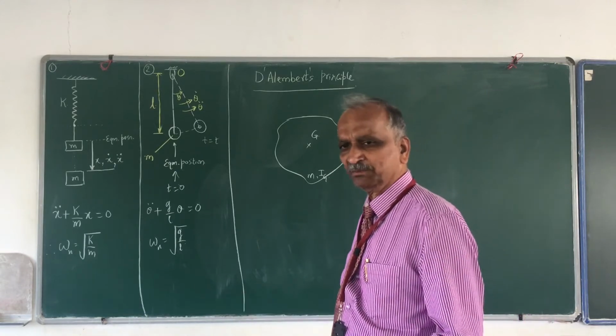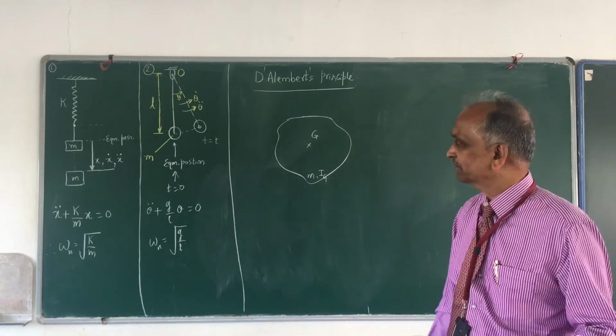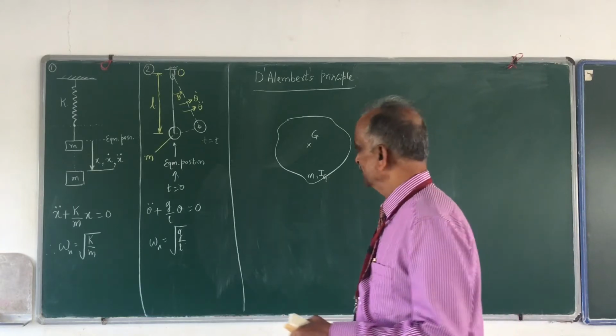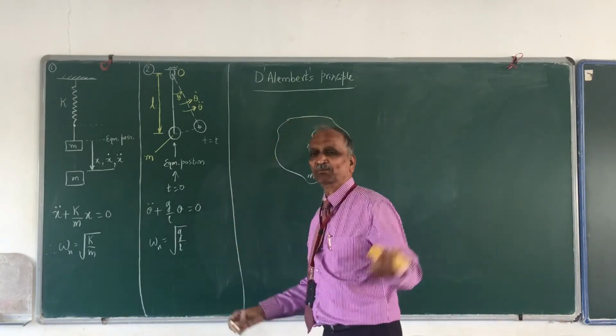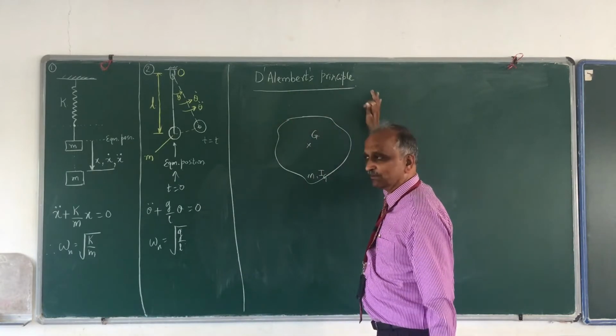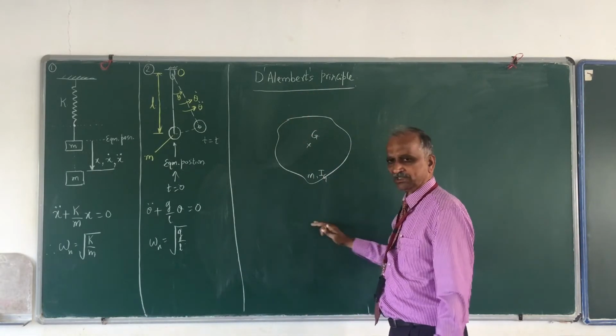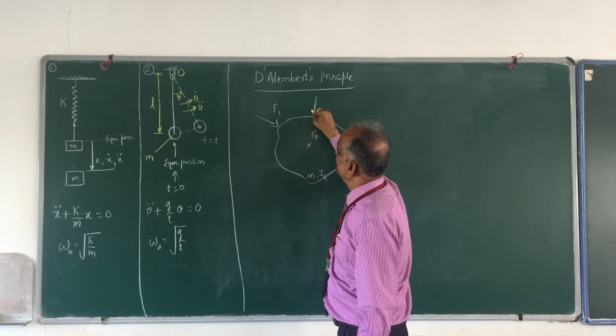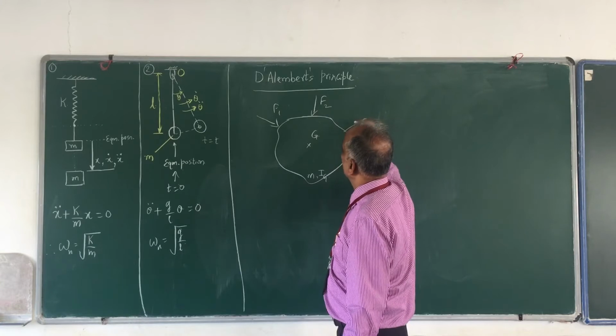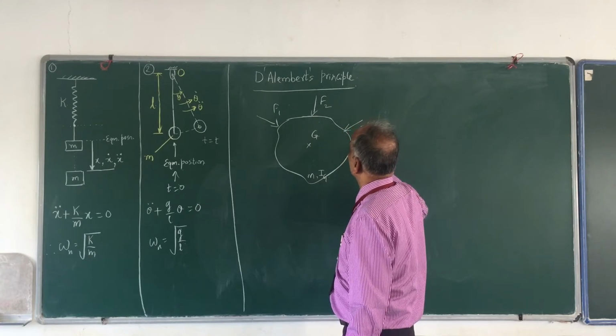I hope you understand the difference between centroid, center of gravity, etc. Anyway, it is subjected to a number of planar forces, the forces restricted to one plane. Say it is subjected to F1, F2, F3, like that, a number of forces.